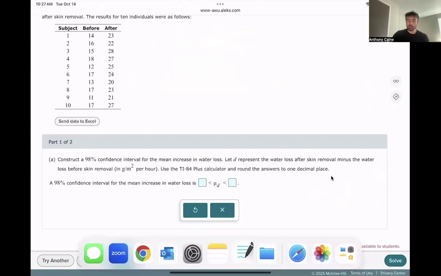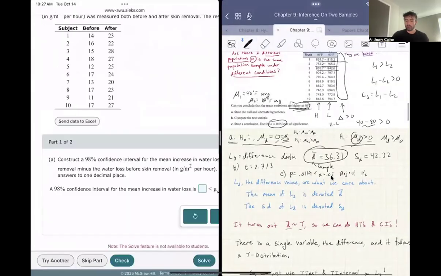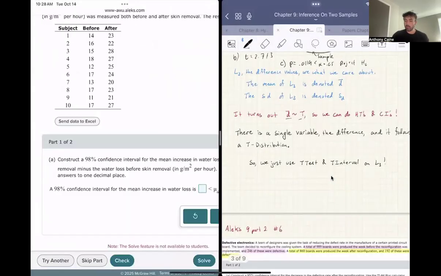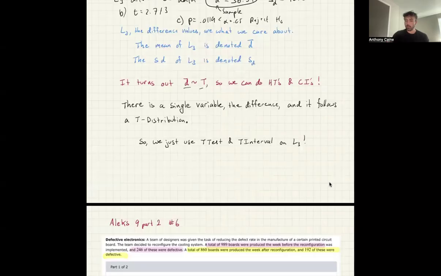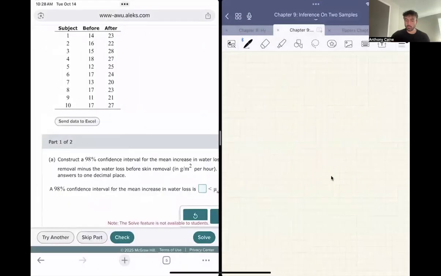Let's write down what that's saying. This is where most students make a mistake with this. All right, they say D is after minus before.